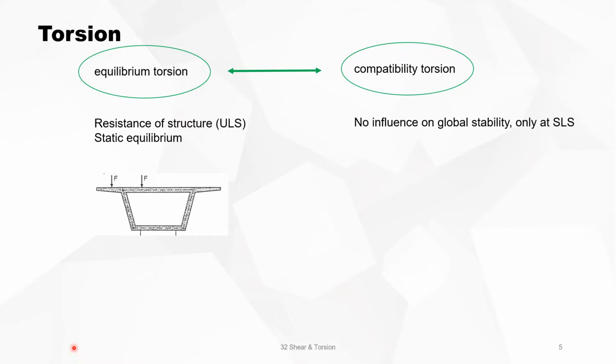An example of equilibrium torsion is when you have a bridge which is asymmetrically loaded, then you will have a torsional moment in this direction.